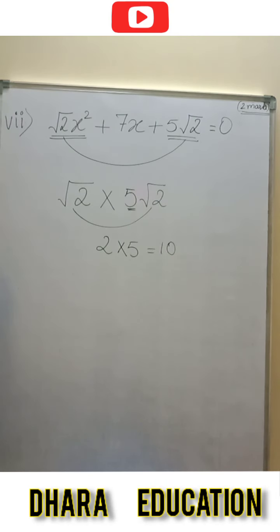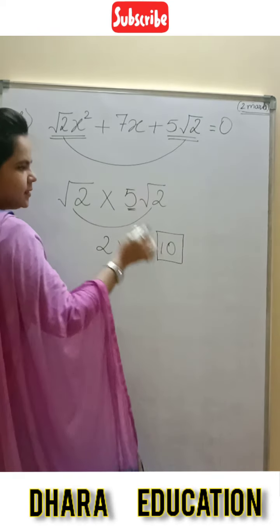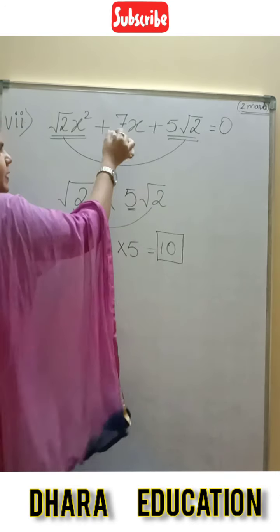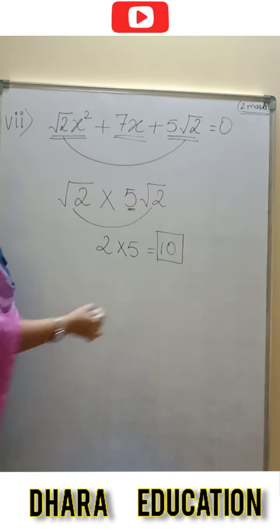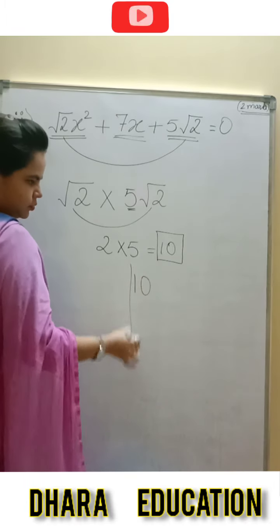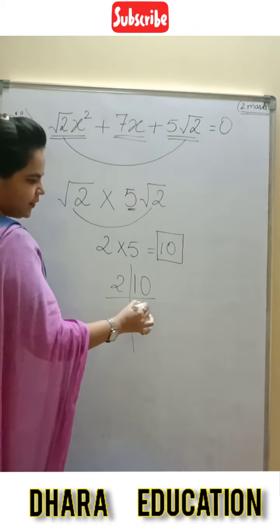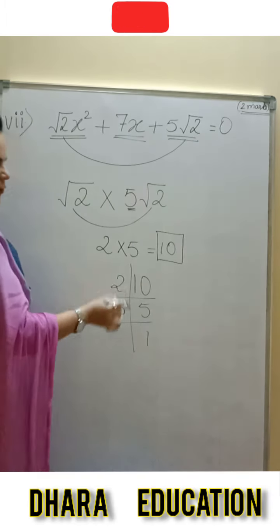Alright. So now you need to split this 10 in such a way that the factors will split the middle term. If we take 10 to factorize, 2 fives are 10 and 5 ones are 5.